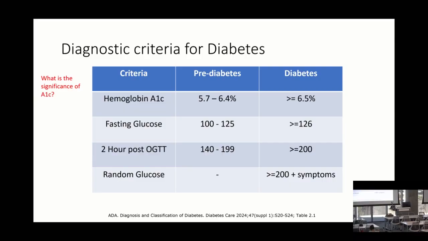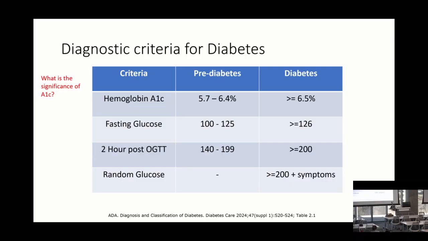That's important to know. You're going to see it a lot. For the diagnosis of diabetes, an A1C greater than or equal to 6.5 is considered diagnostic. If it's between 5.7 and 6.4, that is pre-diabetes.